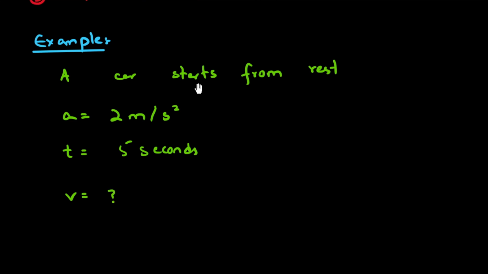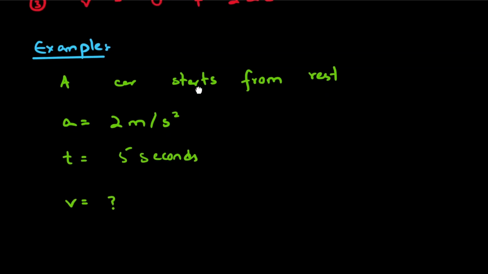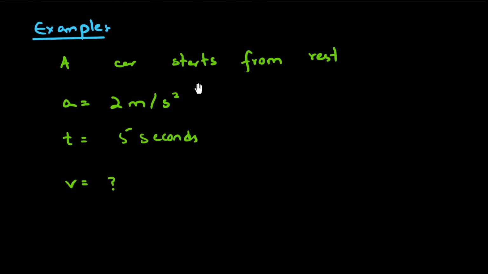So, when solving a question like this, you have to observe what you have been provided and what you are looking for. The question gives you acceleration, it gives you time, it's asking you for final velocity, and it also gave you one more crucial detail, which is not in the form of a number, but rather in the form of a word.